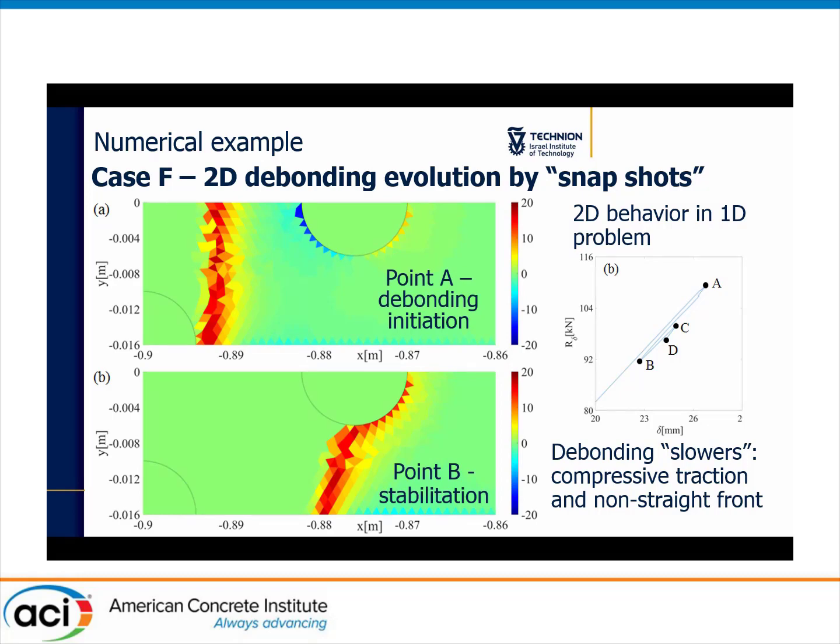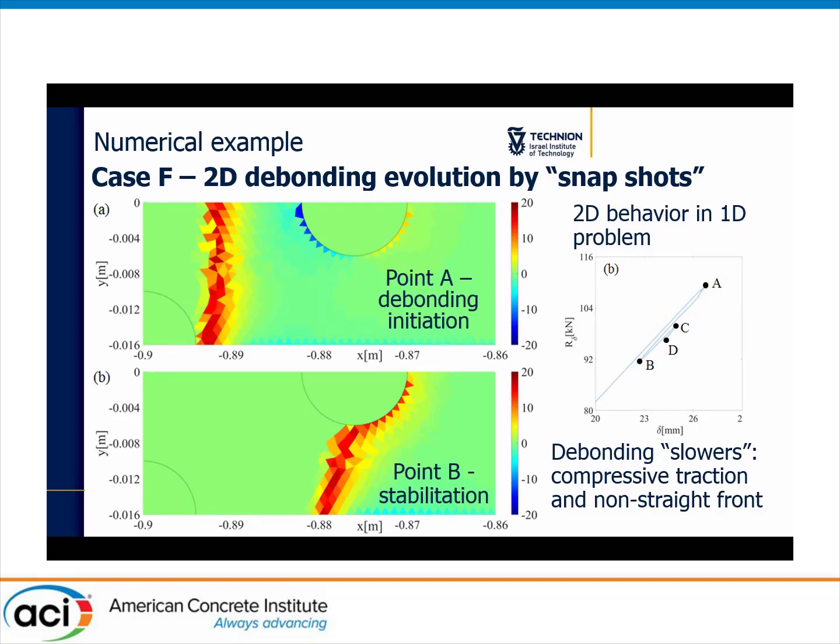So the stability is associated with the debonding front becoming not straight and passing through compressive traction. Here I wrote that debonding slows as the compressive traction which the debonding front has to cross, and the front becoming not straight, or two-dimensional by nature, irregular.